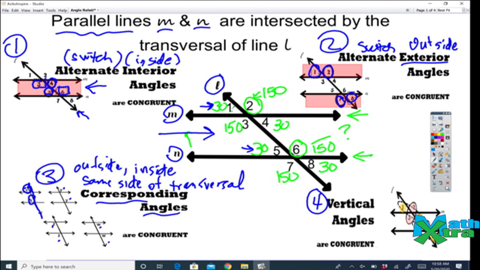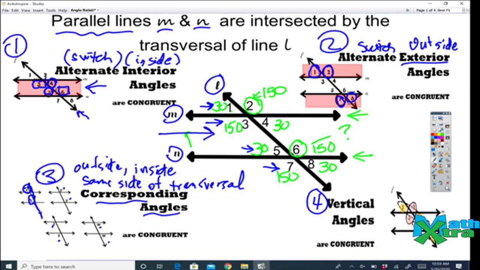Corresponding. 1 on the outside, 1 on the inside. And now angle 3 is on the inside, angle 7 is on the outside. So again, corresponding angles have one angle on the inside, one angle on the outside, inside the parallel lines, outside the parallel lines, on the same side of the transversal.